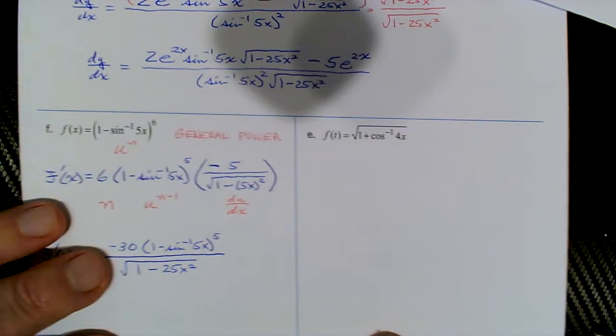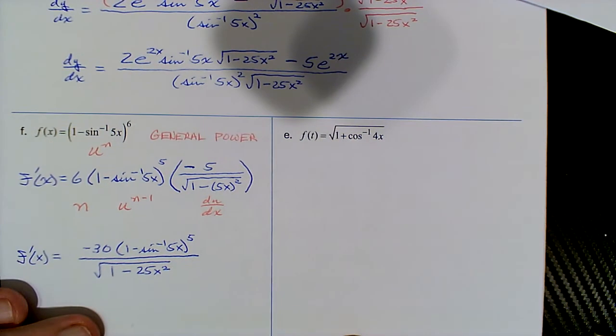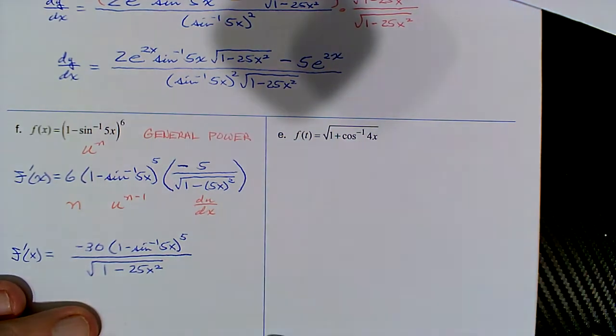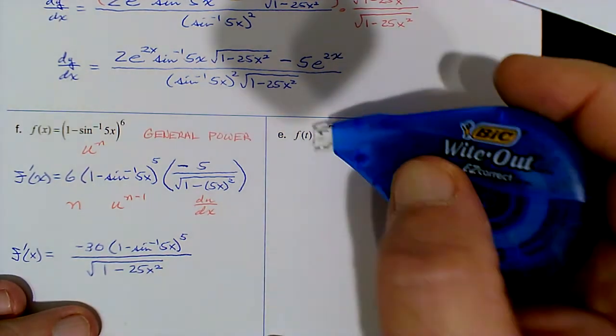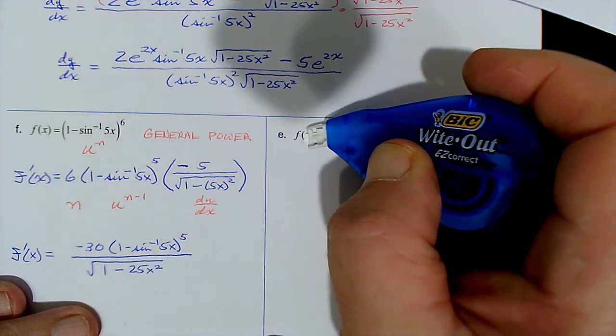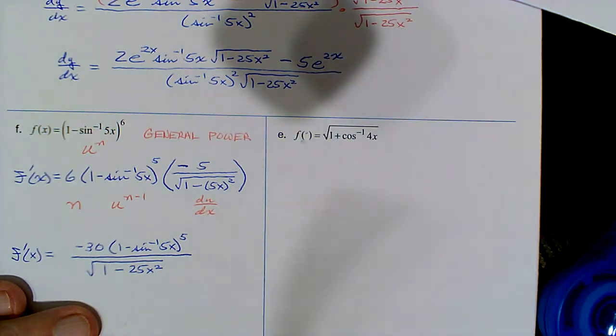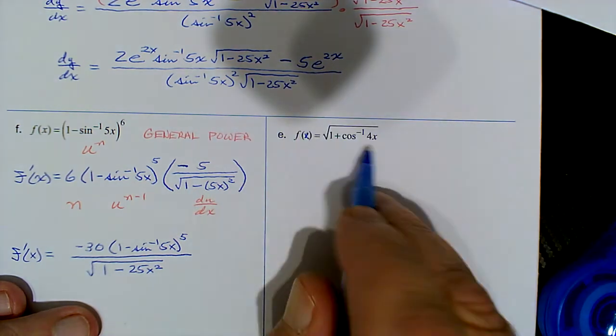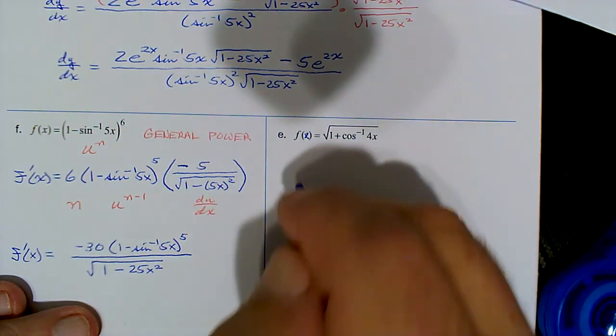Okay, and then looks like another one that's a power. Oh, I guess there's a little mistake in here. This should not be f of t. This should be f of x, because this is a function of x.